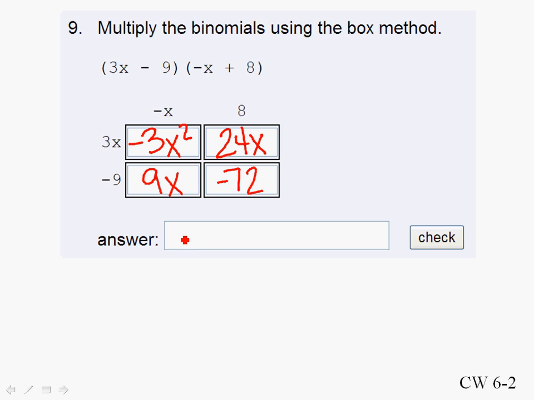When we combine the like terms, starting with the highest degree monomial first, we've got negative 3x squared, then 9 and 24 gives us 33x, minus 72. Okay, so when we multiply these binomials using the box method, we get negative 3x squared plus 33x minus 72.